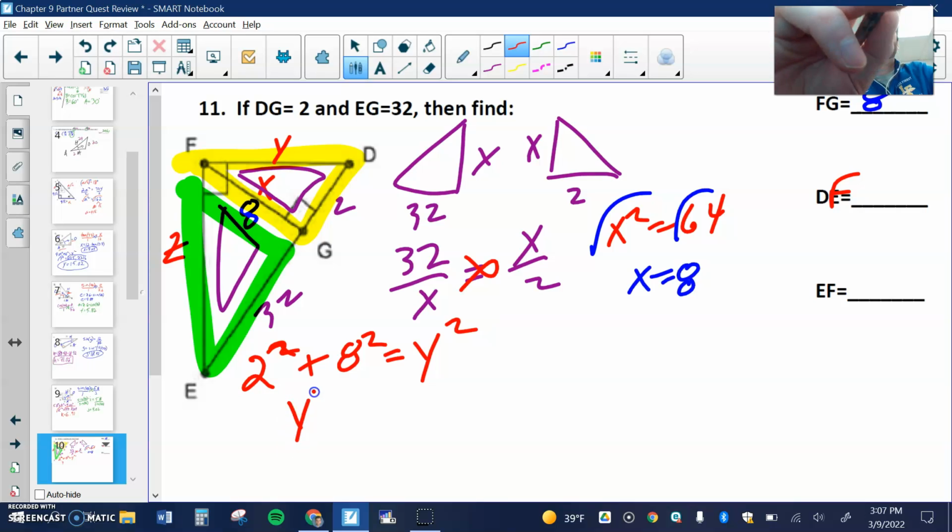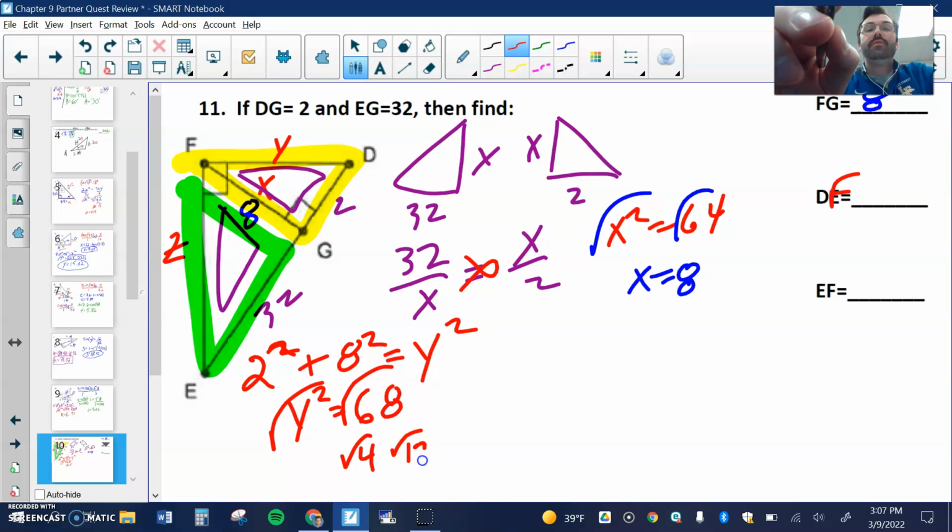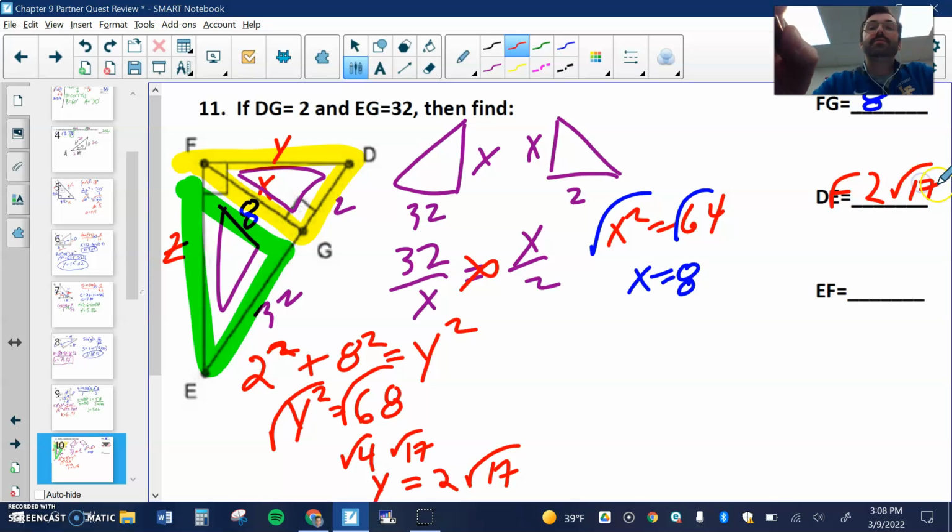Add them together, I get y squared equals 68. Square root both sides. I got root 4 and root 17, so y equals 2 root 17. Decimal, what do I get for the decimal? 8 1/4 roughly.